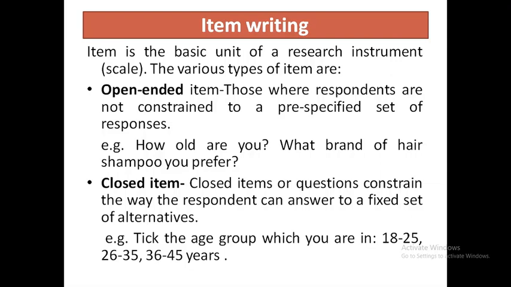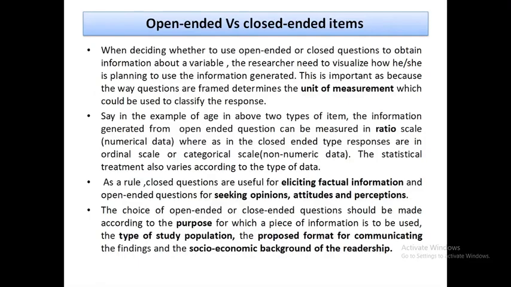Here, say, tick the age group which you are in, and the age groups are given: 18 to 25 years, 26 to 35 years, 36 to 45 years. So these groups are given, and if respondents fall in any of these three categories, they need to choose the one which best fits them. So this is called a closed-ended item.